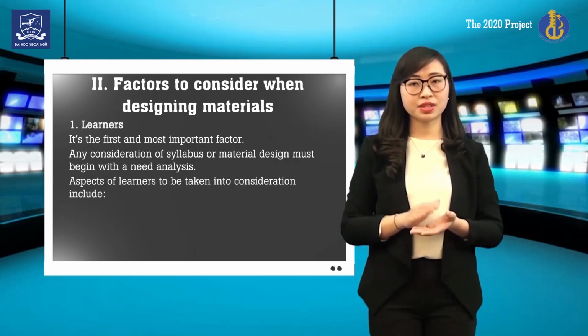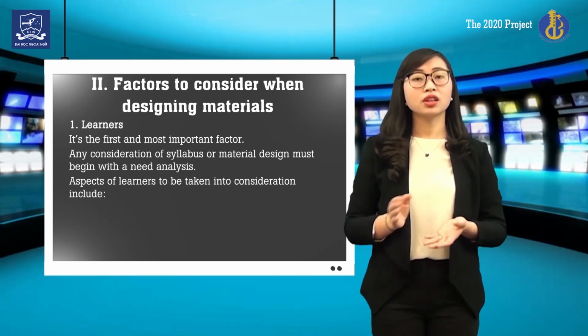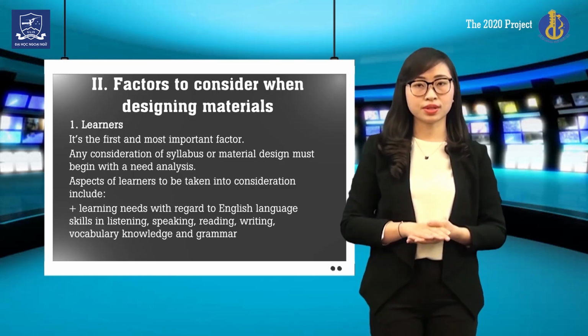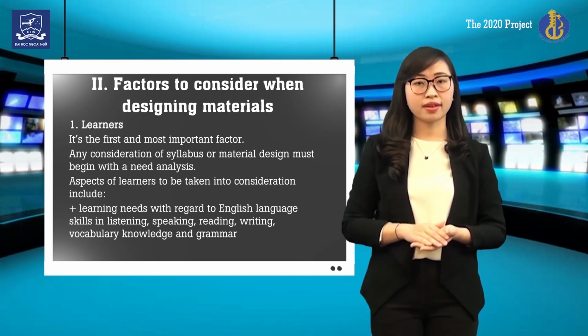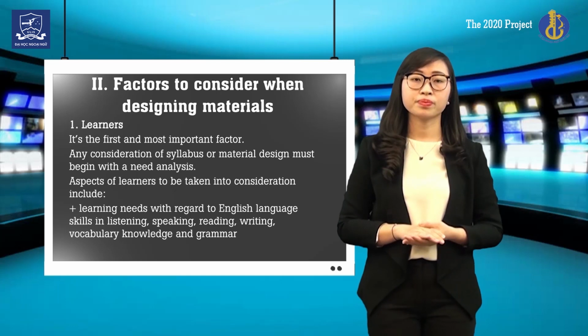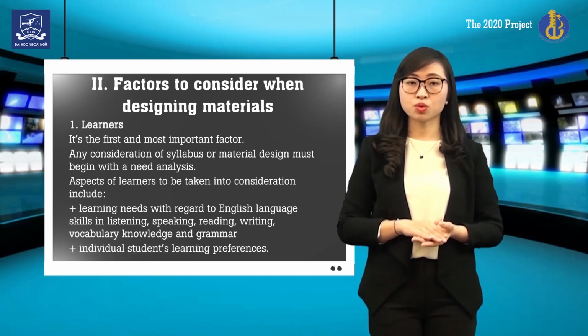Aspects of learners to be taken into consideration include the learning needs with regard to English language skills, listening, speaking, reading, writing, vocabulary knowledge, and grammar. The individual student's learning preferences as well.